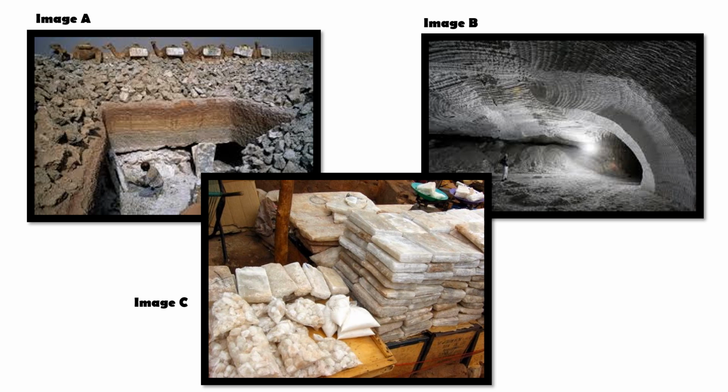Here are 3 pictures that show the process of getting the salt from the ground. So basically, salt typically exists as deposits in ancient underground seabeds, which become buried over thousands of years.